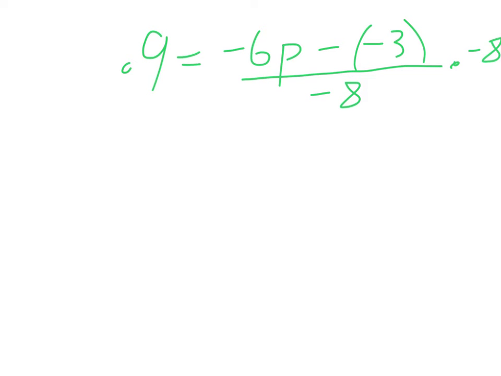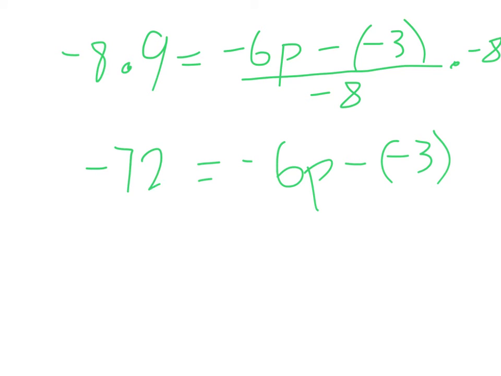Multiplying by the denominator is a really effective equation solving technique, because you have -8 divided by -8 right there, and -8 divided by -8 is 1. And the fraction disappears. And that makes everybody feel better when the fraction disappears.